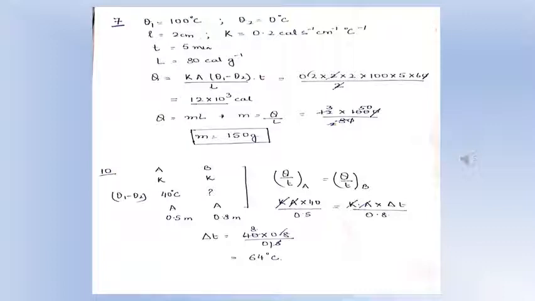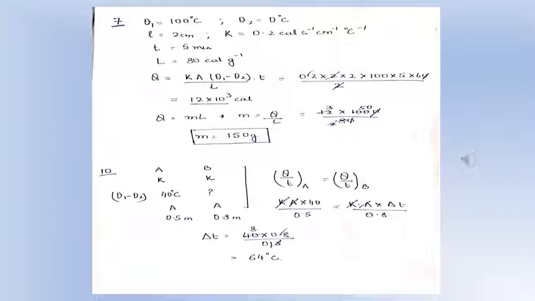So its area of cross section of the cube will be 4 centimeters square. The thermal conductivity of iron is 0.2 calories per second per centimeter per degree Celsius. We have to calculate how much of the ice will melt in 5 seconds. The latent heat of ice is 80 calories per gram.